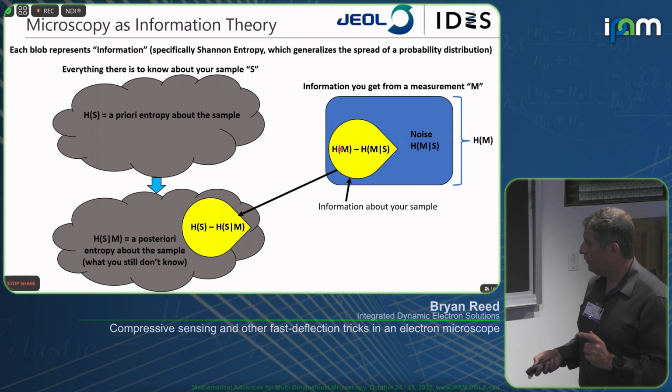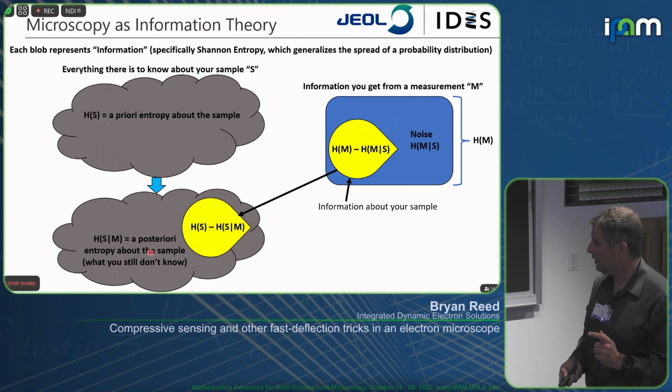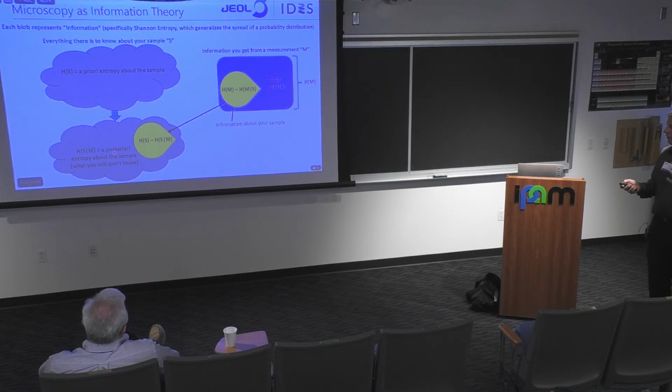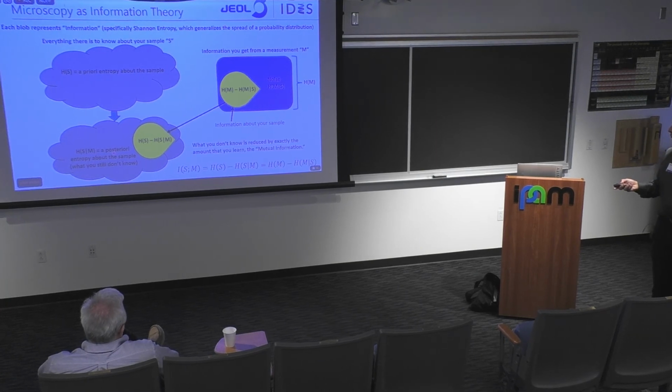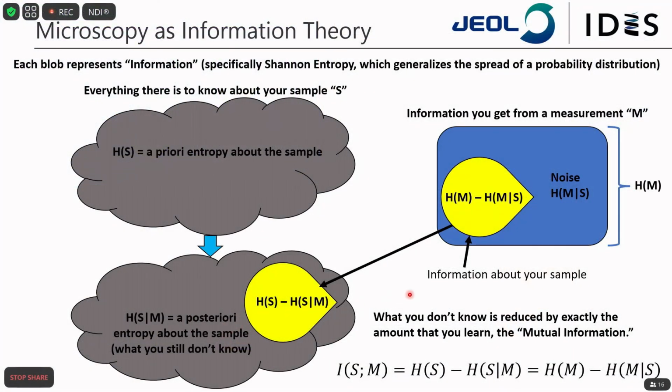So the a posteriori entropy about the sample is what you still don't know about that. So what you want to do is make this yellow blob and put it in a good place, right? So what you don't know is reduced by exactly the amount you learn, which we call the mutual information, which I said there's actually many equivalent ways to represent this. It's actually easy to prove this theorem.